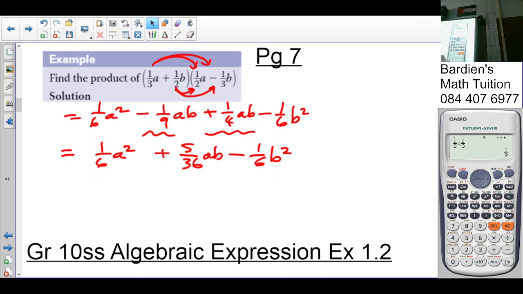A half multiplied by a half gives us a quarter ab. A half multiplied by negative a third gives negative 1 over 6. Coming to the like terms here, we just add or subtract the coefficients. So it's negative 1 over 9 plus 1 over 4, which is a quarter, gives us 5 over 36.